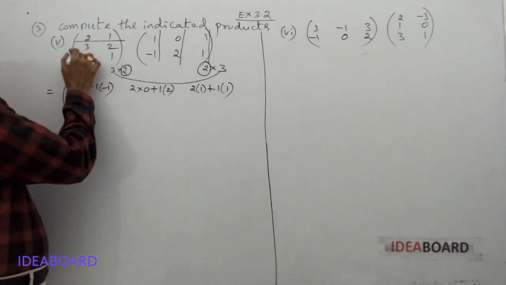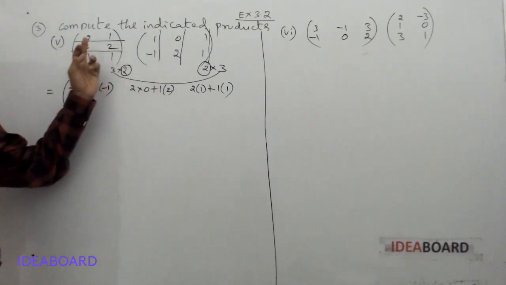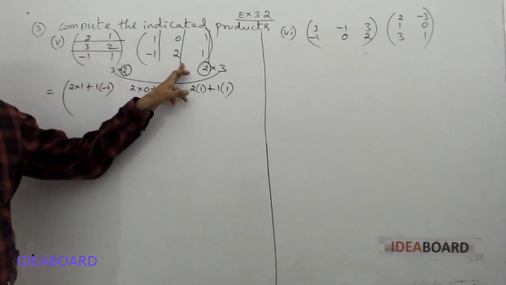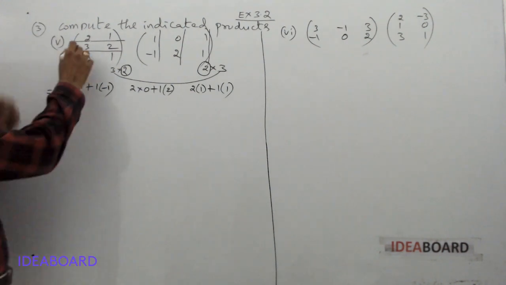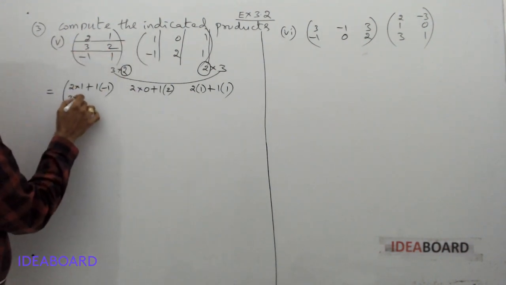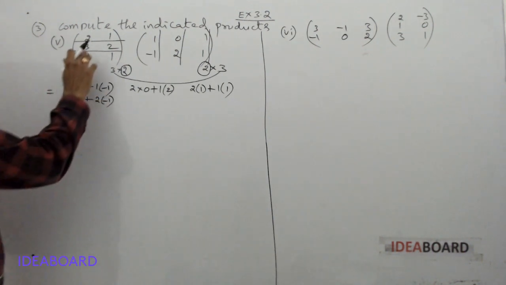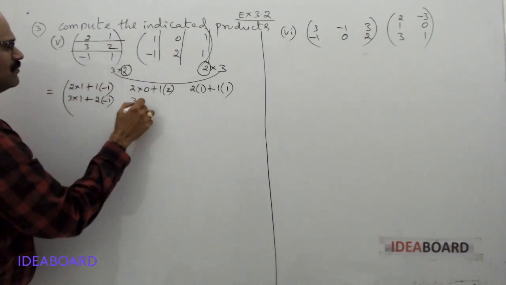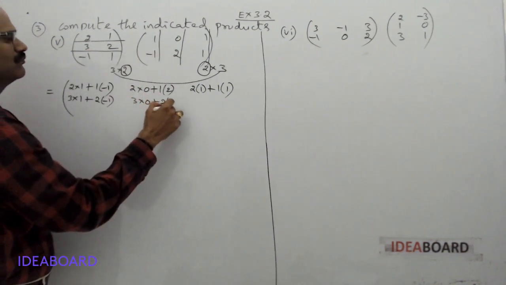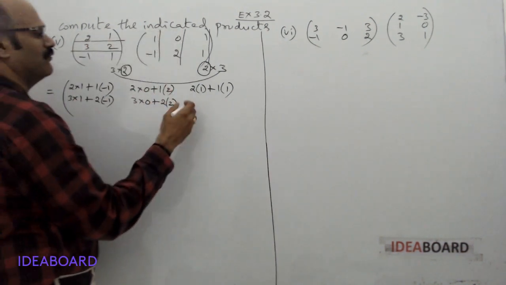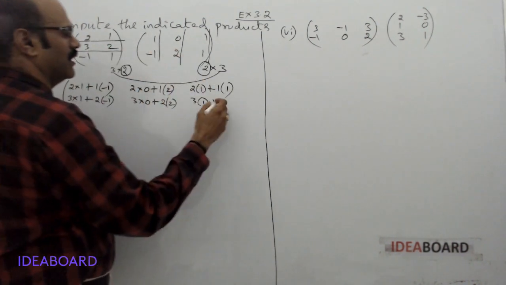Similarly, now let me take the second row here. Second row with the first column, second row with the second column, second row with the third column. So we take 3 into 1 plus 2 into minus 1, 3 into 0 plus 2 into 2, 3 into 1 plus 2 into 1.